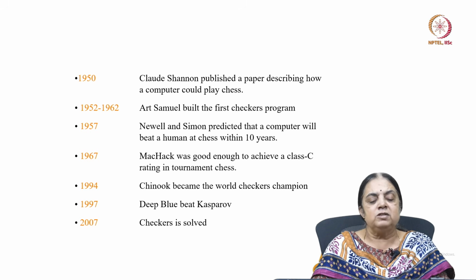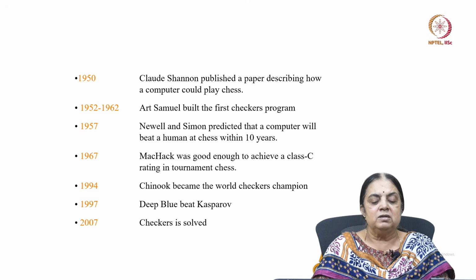From 52 to 62, Samuel built different checkers programs. In 1957, Newell and Simon predicted that the computer would beat the chess champion in 10 years. But what happened in 10 years is that it was only good enough to achieve a class C rating.